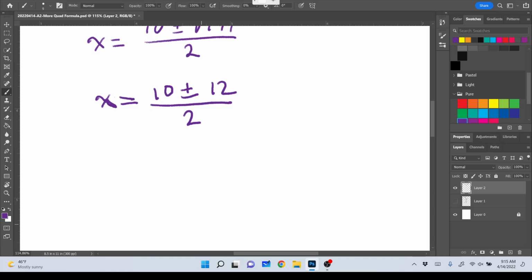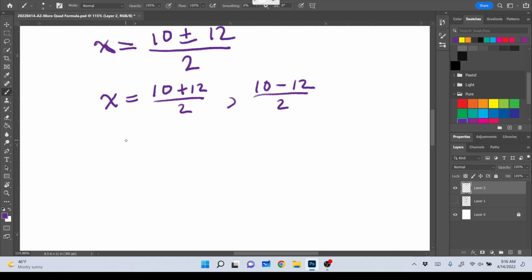So since we can, we have to, right? That's kind of how it works with simplifying things. So we're going to split this into 10 plus 12 over 2 and 10 minus 12 over 2, right? Ten plus 12 is 22. And 10 minus 12 is negative 2, right? So our answers are x equals 11 and -1.